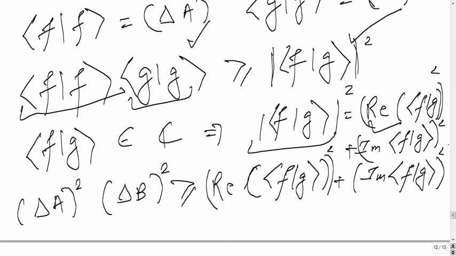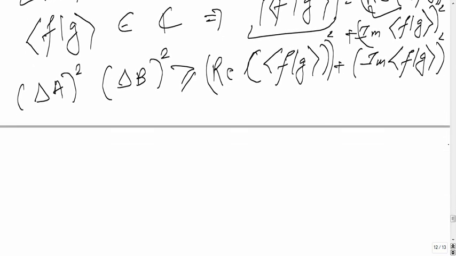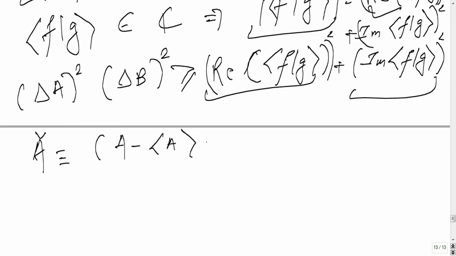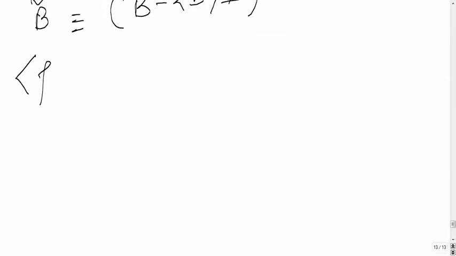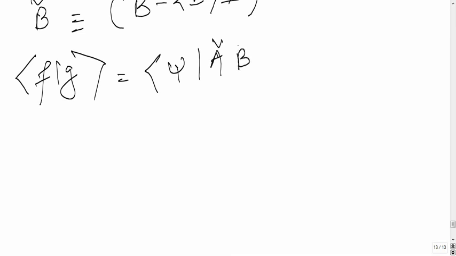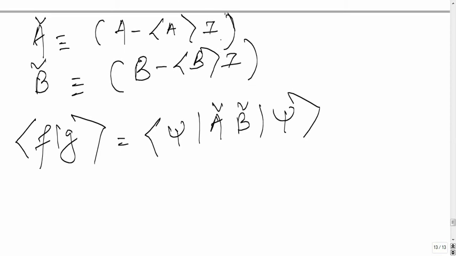So our task now is to compute each of these two terms on the above right-hand side. For convenience of calculation, we introduce notation for these operators. Now let us calculate this inner product. I hope you are getting this, because we have defined f as this times xi and g as this times xi.